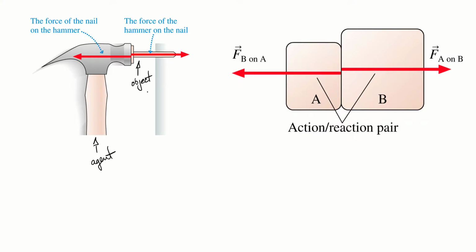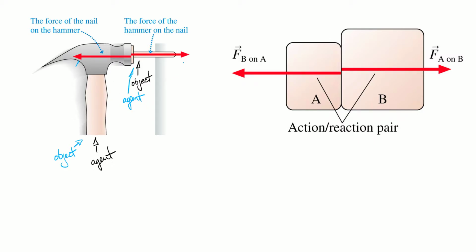But we could also look at the exact same situation and switch those roles. If the hammer were the object we were trying to analyze, then the nail would be the agent, applying a force on the hammer.